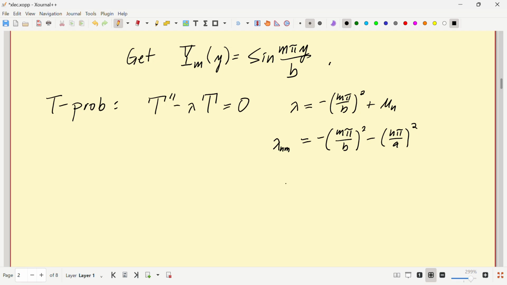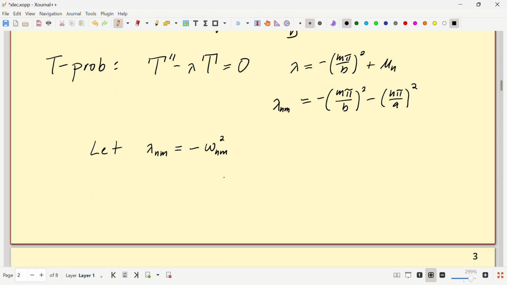So let's let lambda sub nm be equal to minus omega nm squared. It's a strictly negative number, so it can be written as something squared.